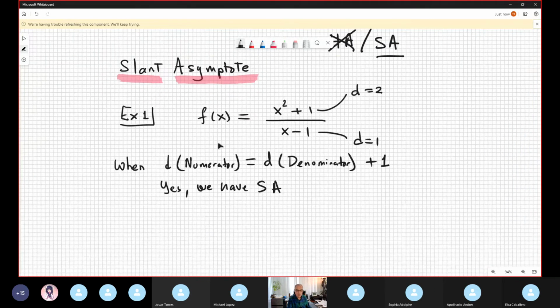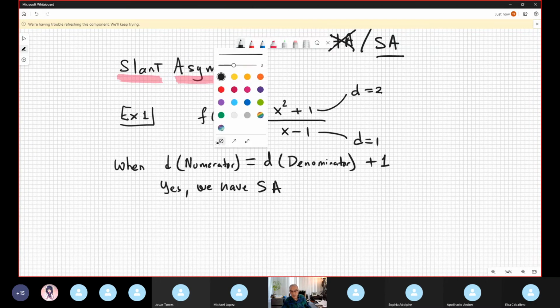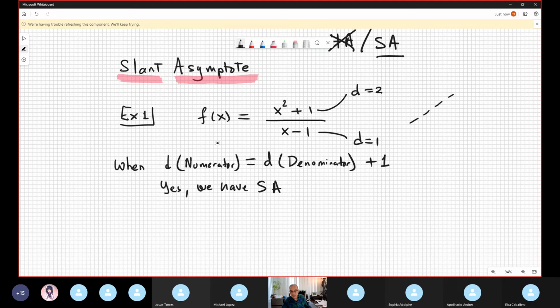What does it mean to be a slant asymptote? Well, slant is an oblique line, like that or like that, depending on the slope. When the slope is positive, it's like that; when the slope is negative, it's like that. And horizontal is totally flat, slope 0.